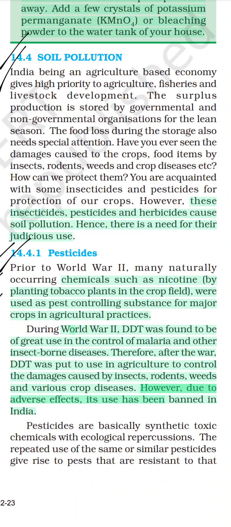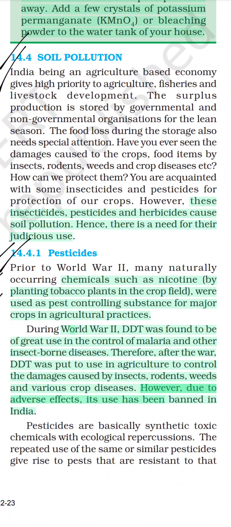Therefore, after the war, DDT was put to use in agriculture to control the damage caused by insects, rodents, weeds, and various crop diseases. However, due to adverse effects, its use has been banned in India.